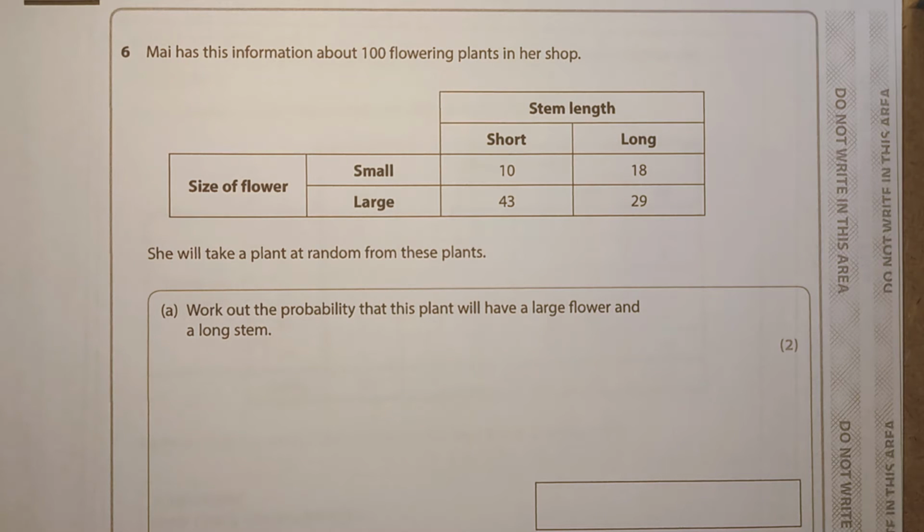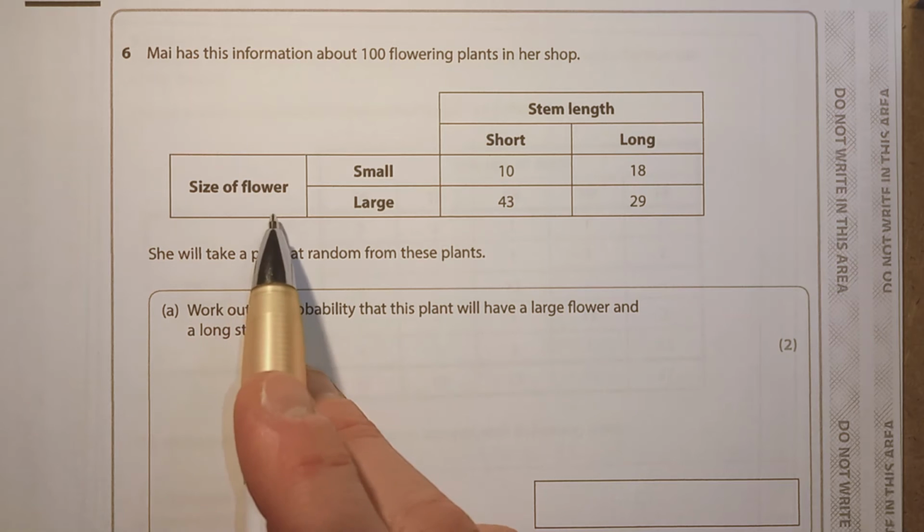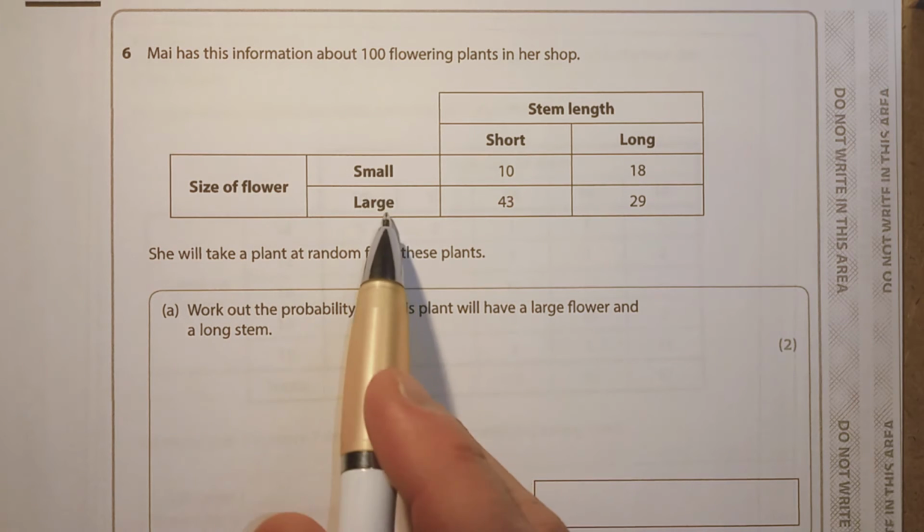Question 6. Mai has this information about 100 flowering plants in her shop. Okay, so we've got the stem length, and we've got the split between short and long, and we've got the size of the flower split between small and large.